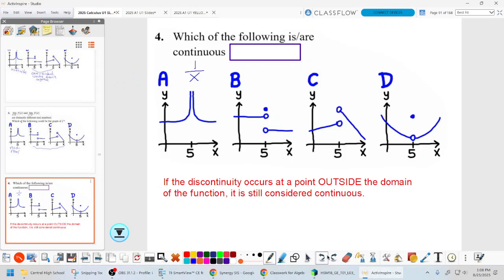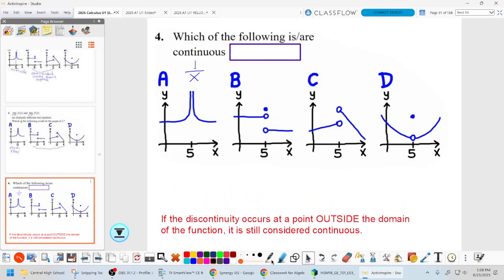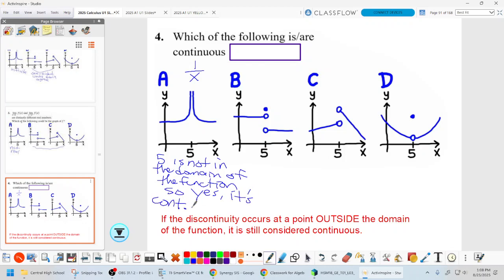Is 5 in its domain? No. So is it continuous elsewhere? So yes, it's continuous on its domain. I'm going to abbreviate continuous with cont. on its domain.